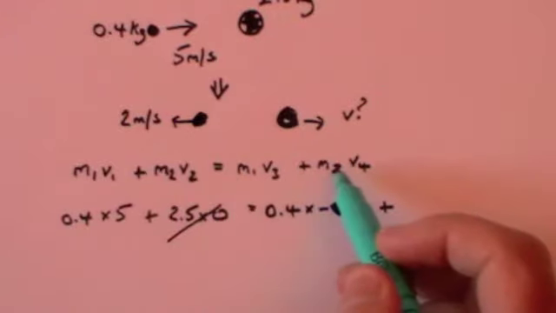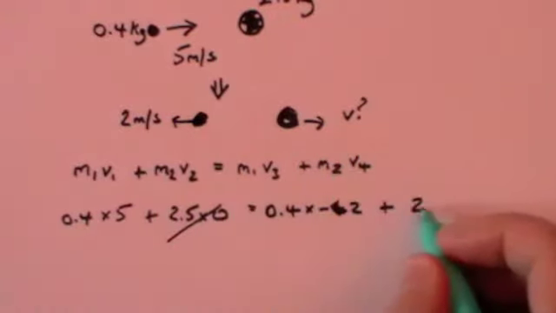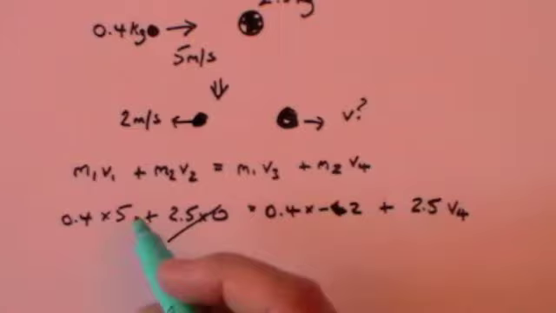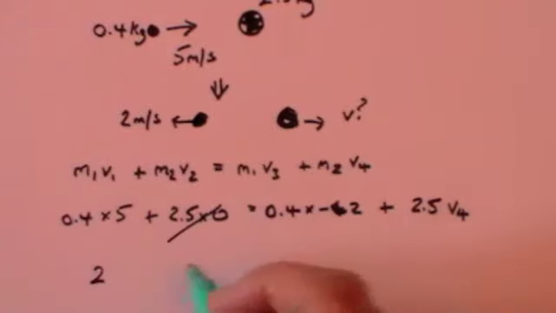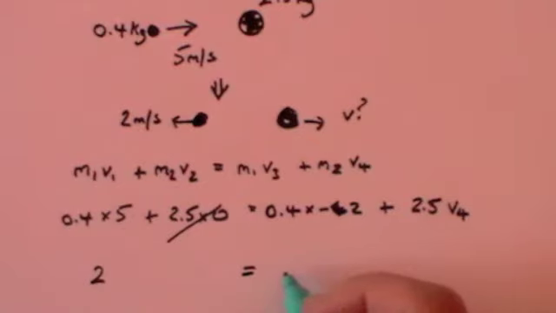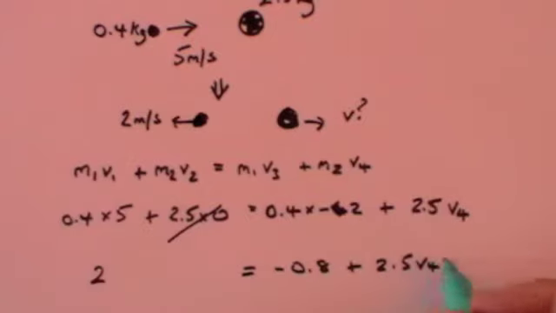Plus the mass of the large ball, 2.5 kilograms, times its velocity after the collision, which we're going to call v4, and that's what we don't know. So now we've got 0.4 times 5, which is 2, plus nothing, is equal to minus 0.8 plus 2.5 times v4.